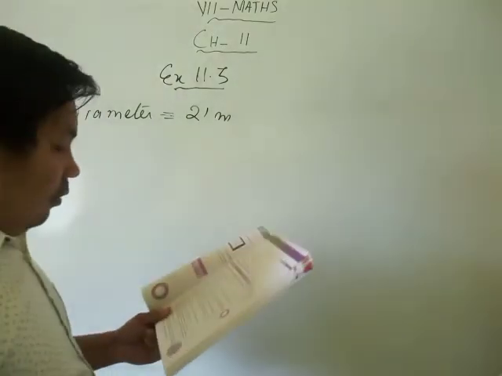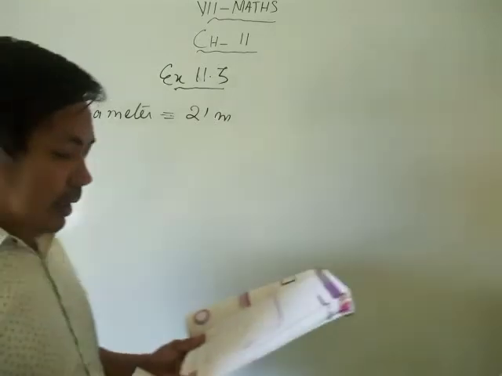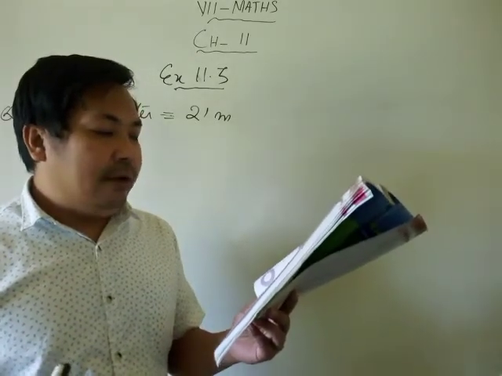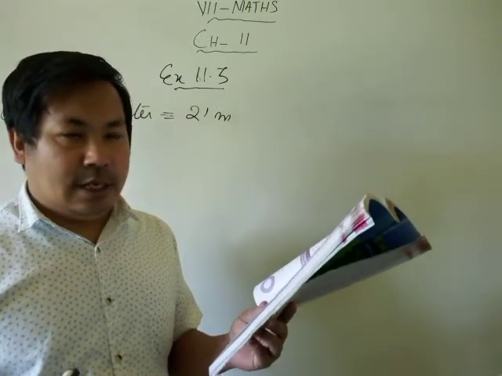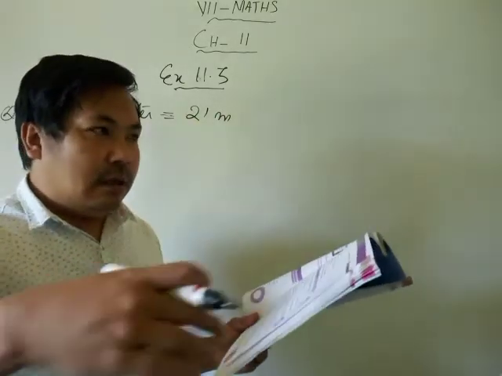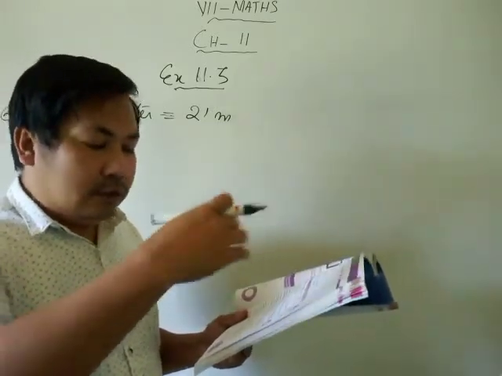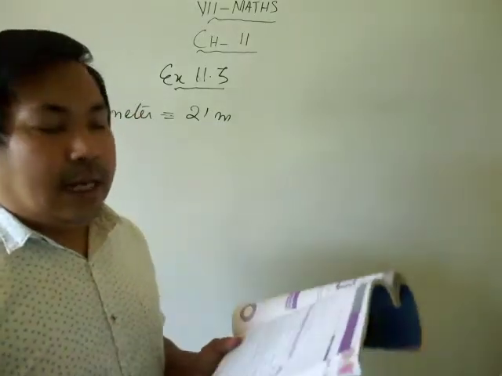So after that, it says find the length of the wire he needs if he makes 2 rounds of the fence. You want to make a fence along the circular boundary of the garden.